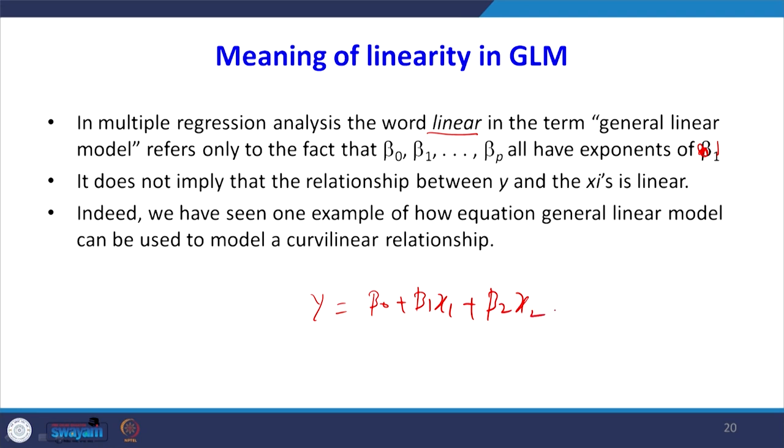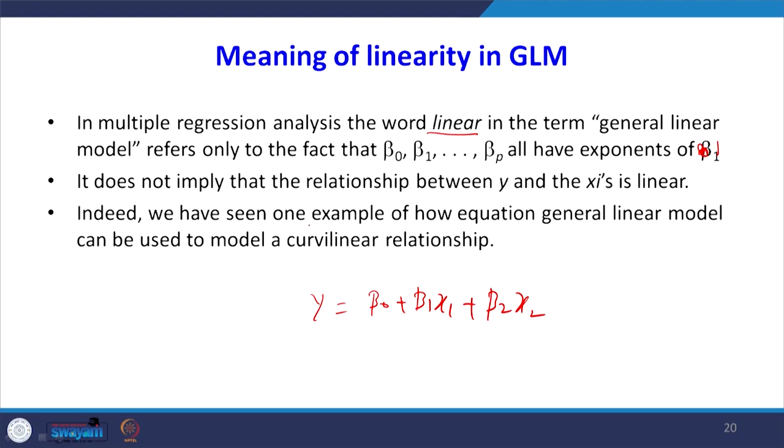When I say linear model, the coefficients beta 0, beta 1, beta 2 are linear, we are not discussing the relation between x and y. It does not imply that the relation between y and x is linear.